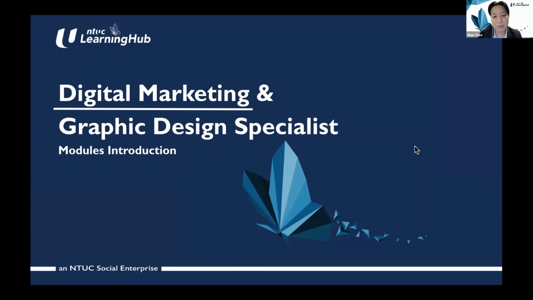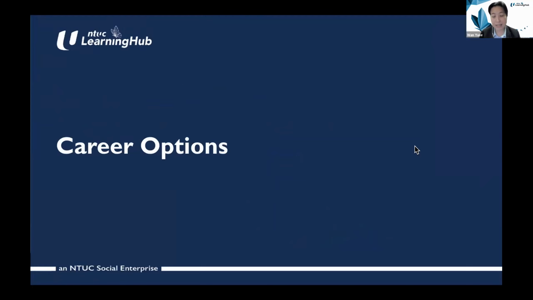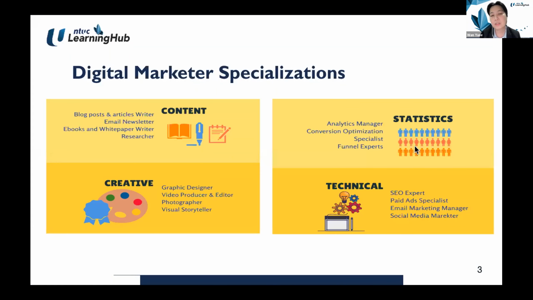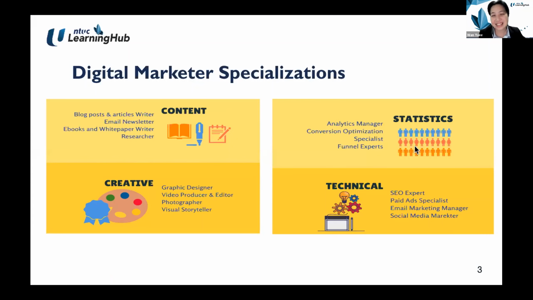So what happens when you have some digital marketing skills? There are many career options that you can opt for, and many specializations when it comes to digital marketers. A lot of people think digital marketing is just a marketing thing. Some see the word digital and think it's going to be very technical stuff, but actually it's quite simple.